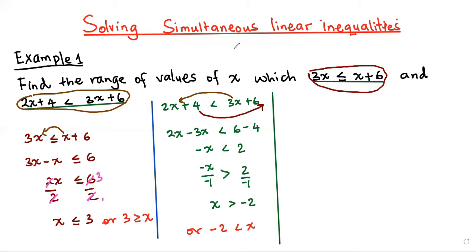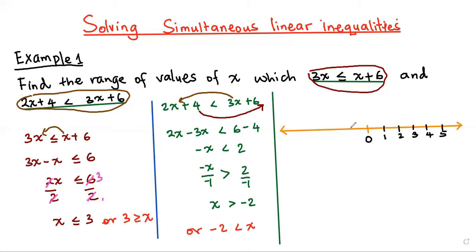Let's have the number line. Okay, so then let's say this is 0, and then we have 1, 2, 3, 4, 5.